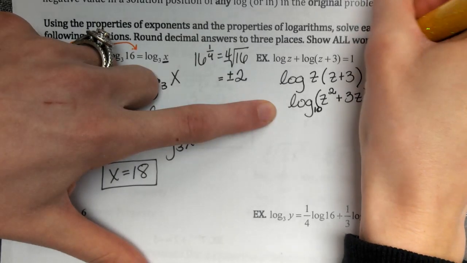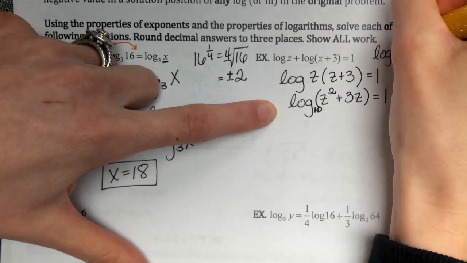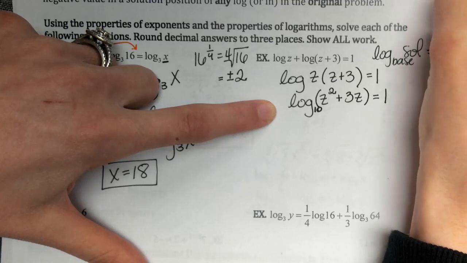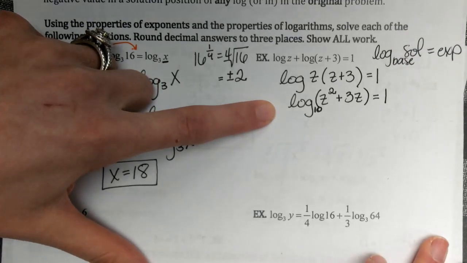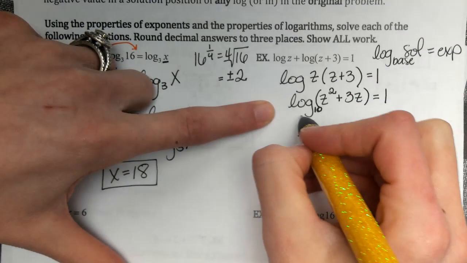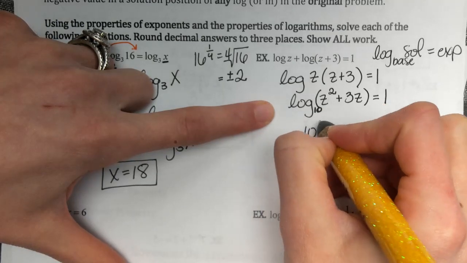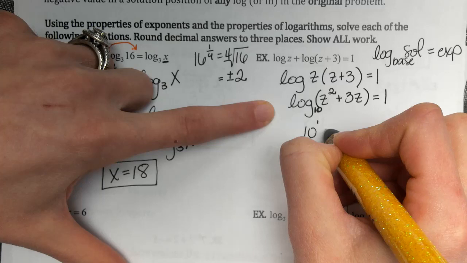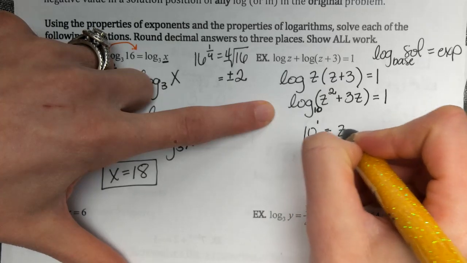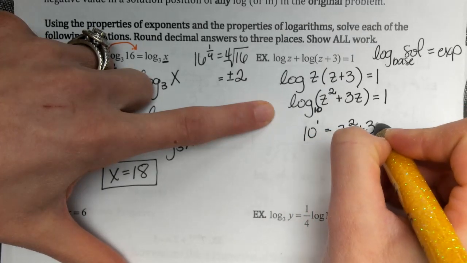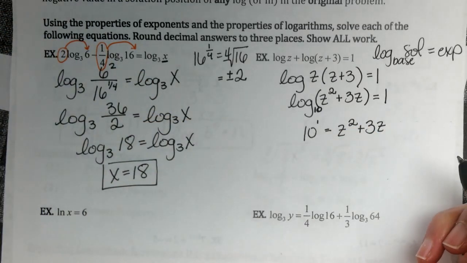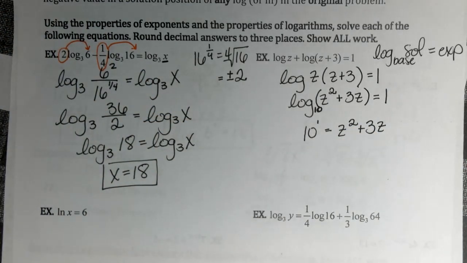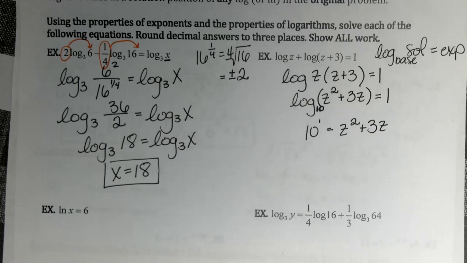Remember, your log base solution equals exponent. Okay, so that's going to go to 10 to the first power equals z squared plus 3z. Anytime you have a squared term, what do you need to do? Get it equal to 0 and factor.